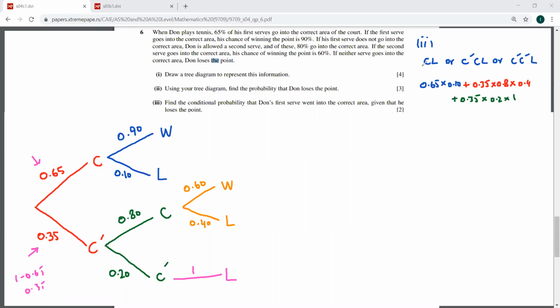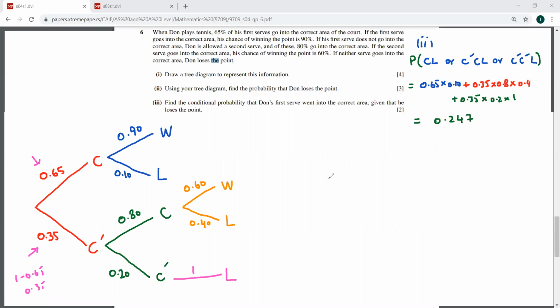So this is the answer to your second part. Please tell me what is this value. Calculate this. 0.247. Okay, now we move on to the third part.